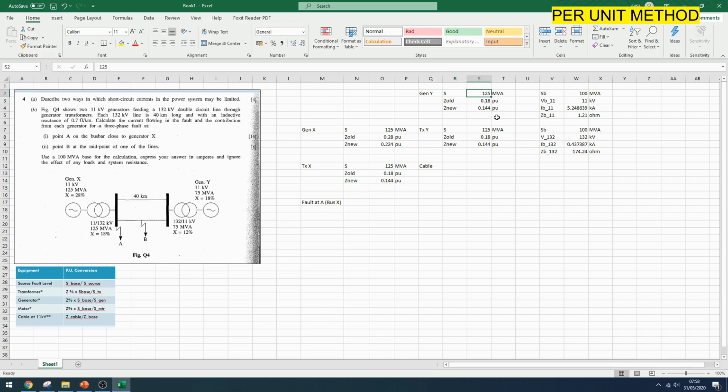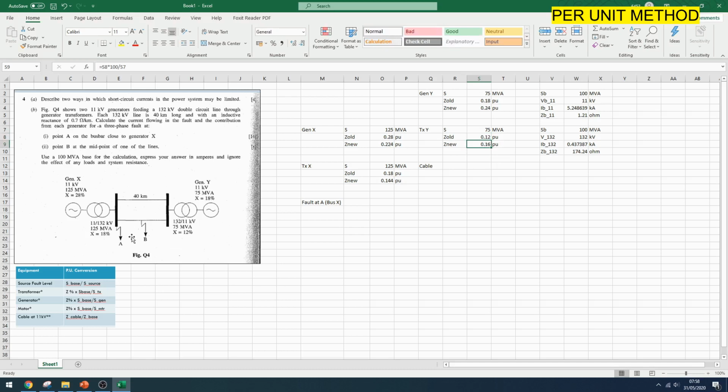So generator Y is 75 MVA, it's still 11 kV. So impedance is also 0.18, and the new impedance is 0.24 per unit. Whereas for transformer Y, it's 75 MVA. The old base is 12% or 0.12, and the new impedance is 0.16 per unit.